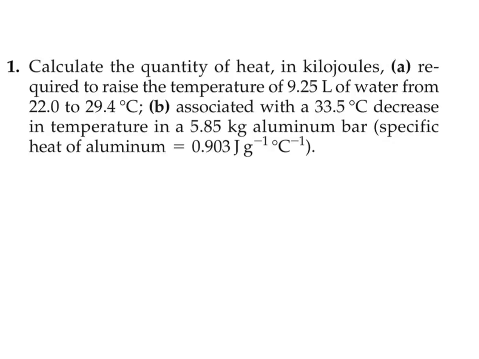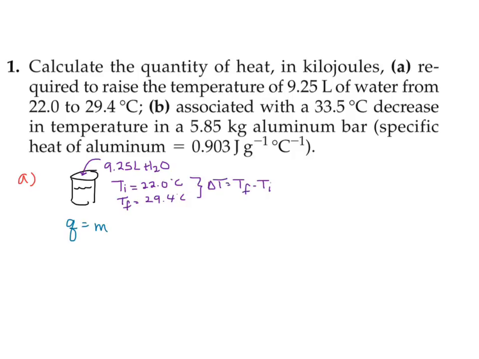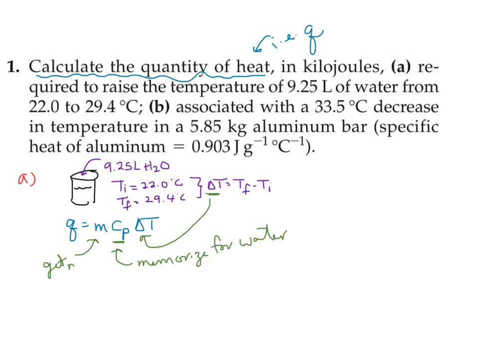Okay, so the first one, actually there's two parts to both of them. You're supposed to calculate Q, the quantity of heat, in kilojoules. In the first case, you are raising a certain volume of water from 22 to 29.4 degrees Celsius.